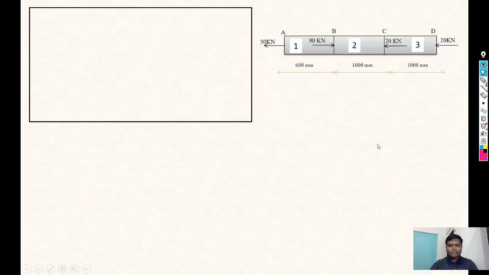Now come to the next step. Simple, both ends are free. You can start the calculation from point A or from point D. But for this type of numerical, we start the calculation from the left. So consider the first section, then focus on the left part of that section.